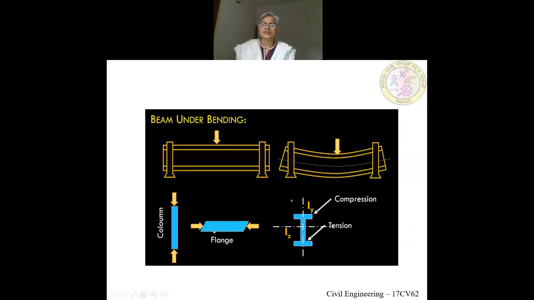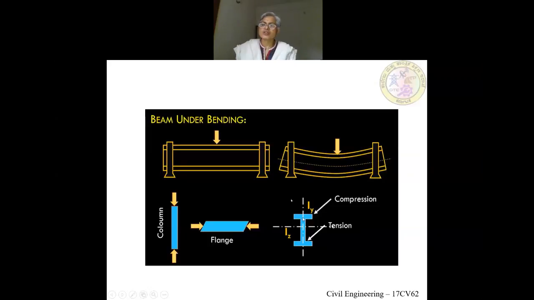If you take the cross section, this is the cross section of the beam. We use I sections in these steel structures, right? So in this I section, this is the compression flange of the section, and this is the tension flange of the section, and this is the web. The flange will have a tendency to buckle both in the horizontal or lateral direction, and also in the vertical direction.